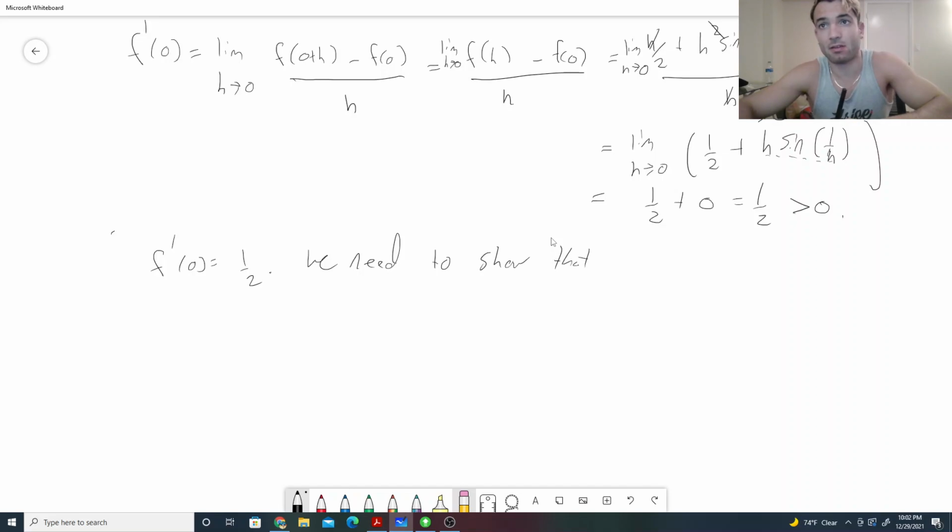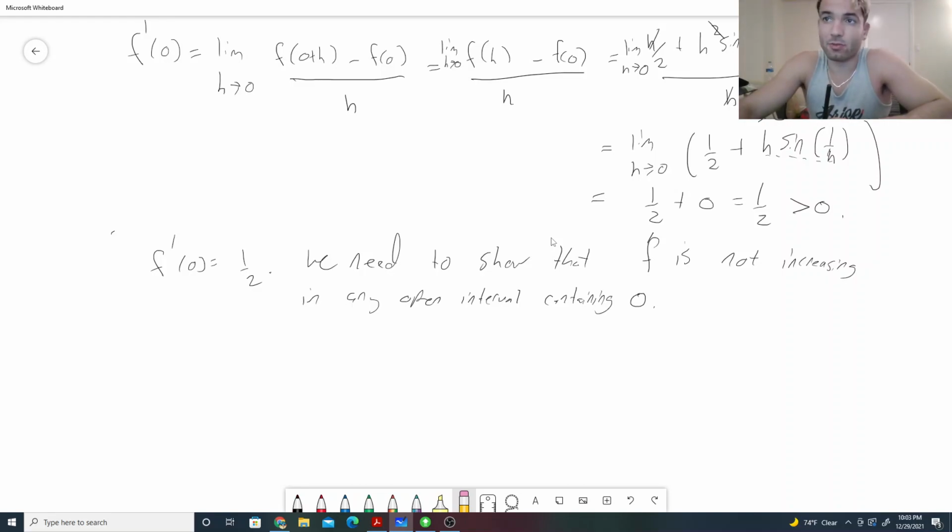We need to show that f is not increasing in any open interval containing 0.